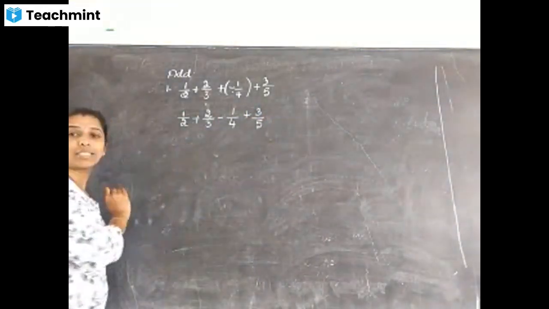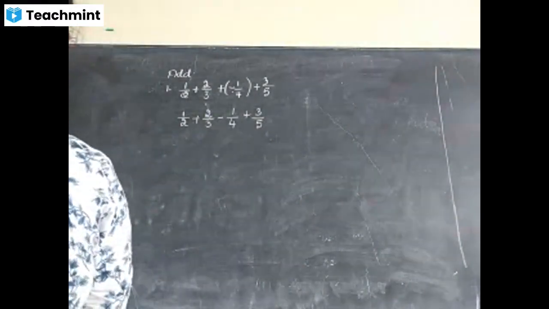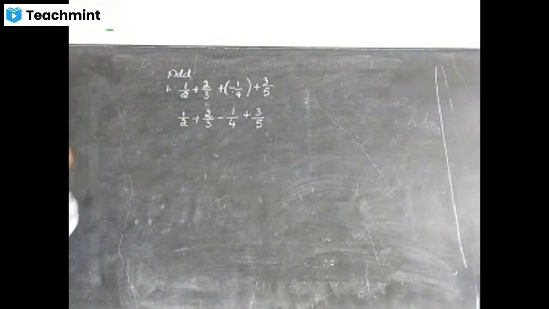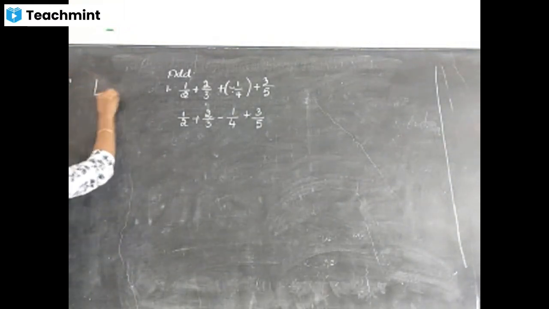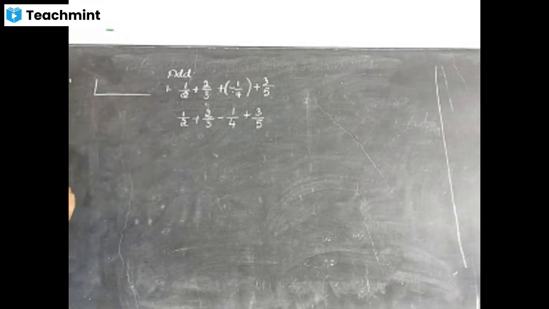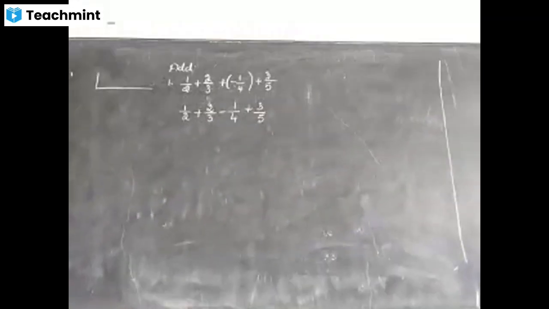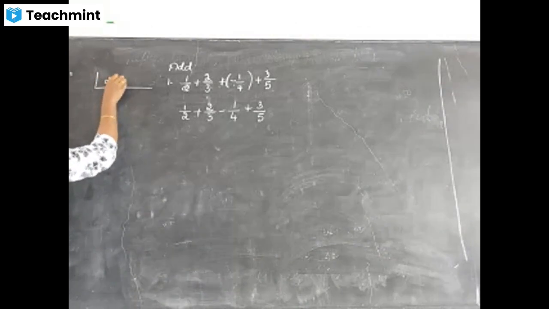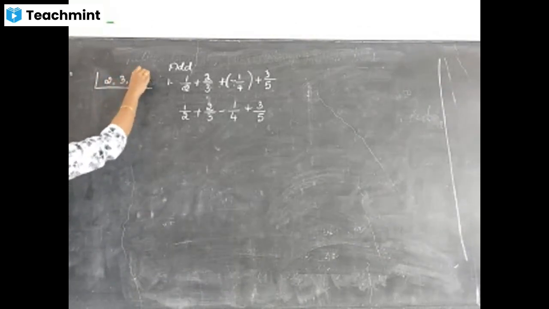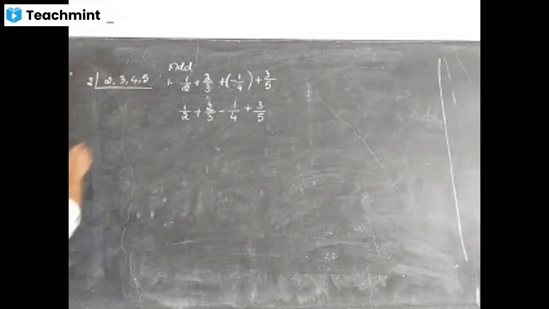The next step is to take the LCM. What is the LCM of the denominators 2, 3, 4, 5? First I divide by 2.